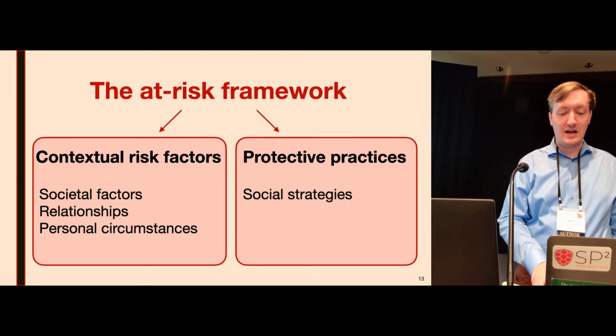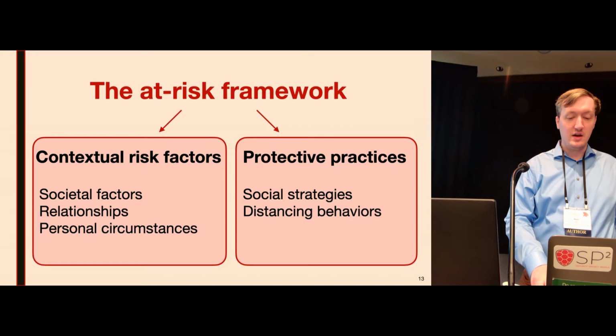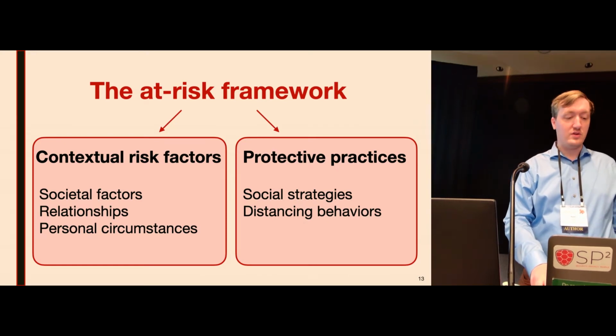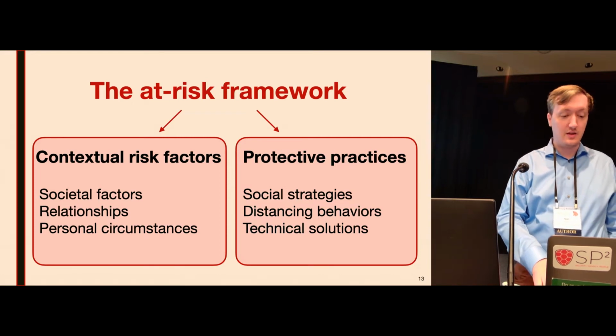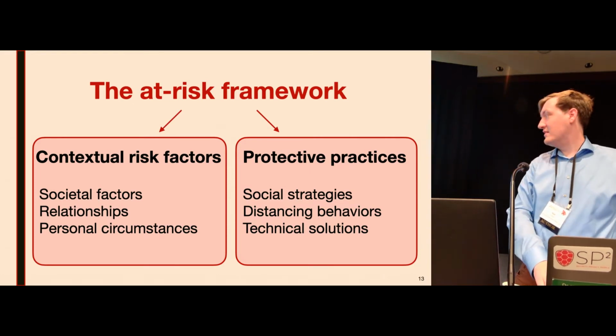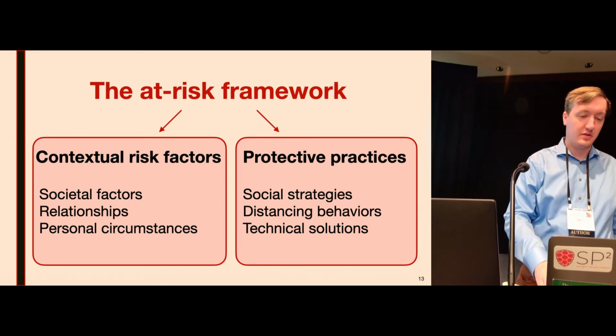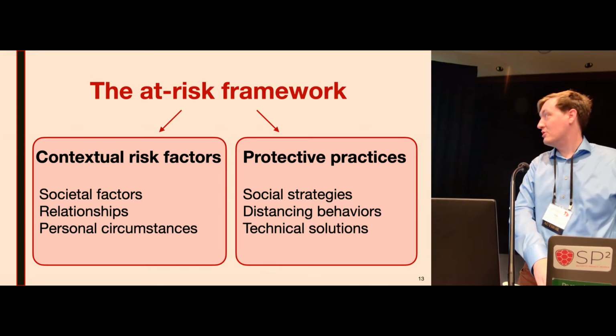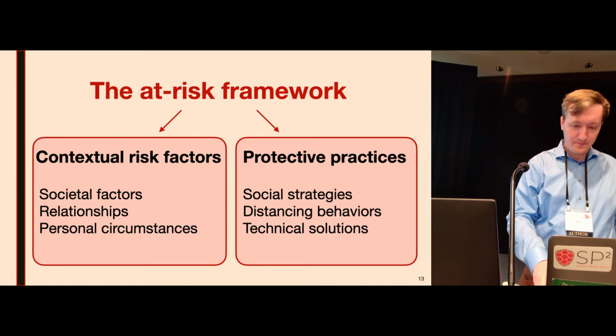Strategies that rely on their social networks and connections, reducing the use of or distancing themselves from technology, and specific technical solutions and tools. While the individual practices in these categories will change over time, particularly technical solutions, we believe these larger categories are comprehensive.